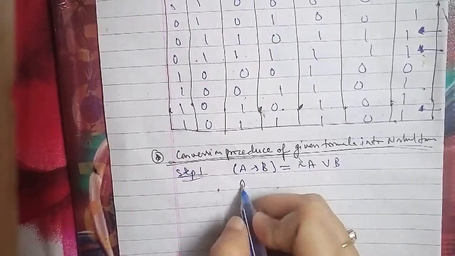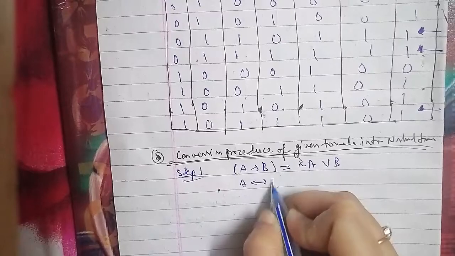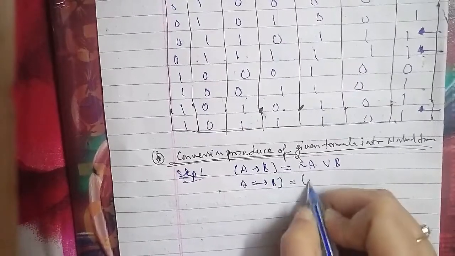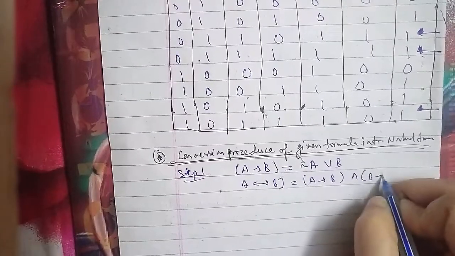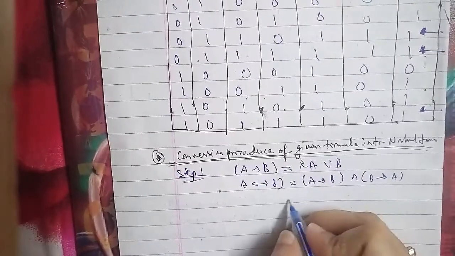Now in the third step, what we will be doing is using the distributive law to obtain the normal form. As I told you, we have to use the distributive law to obtain the normal form.